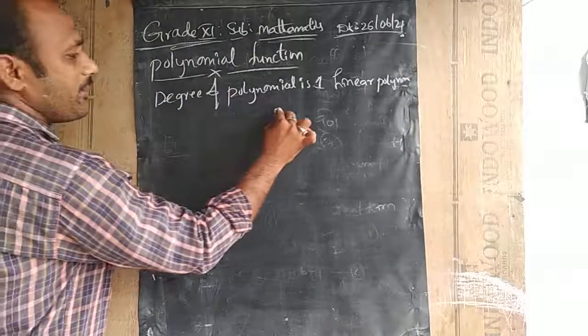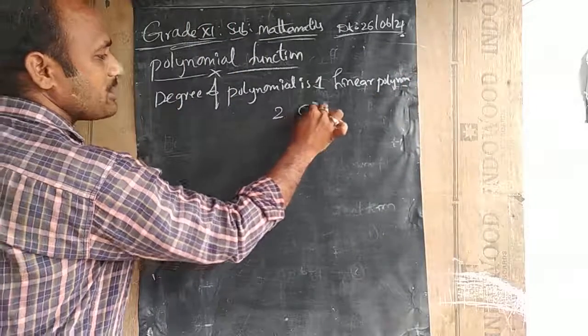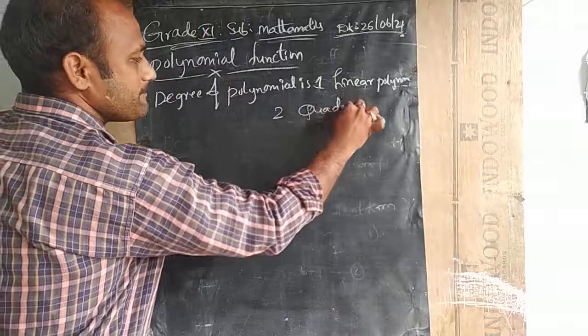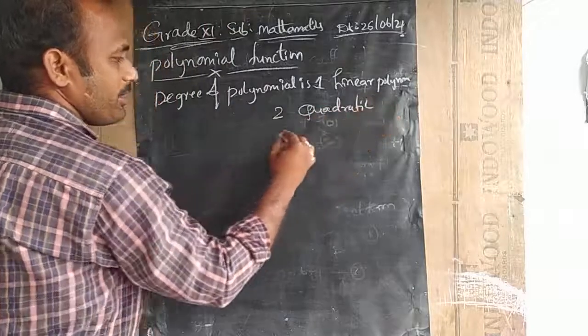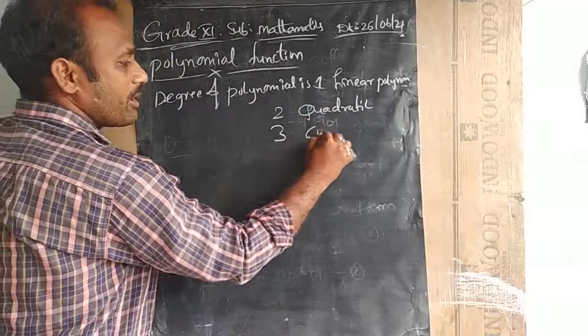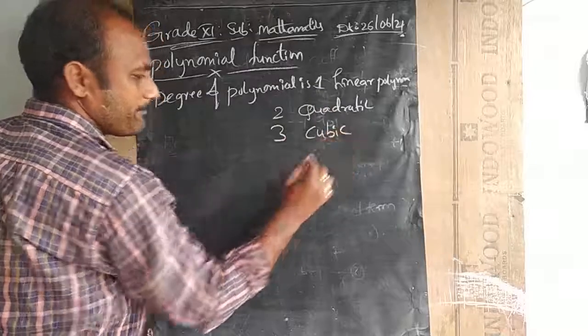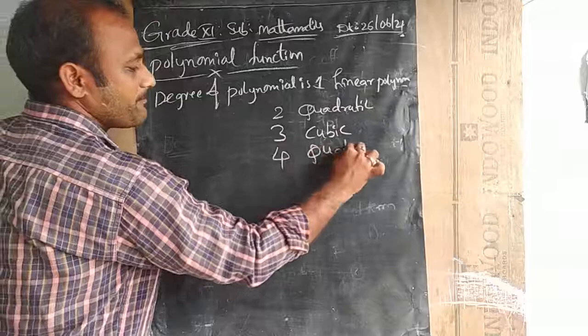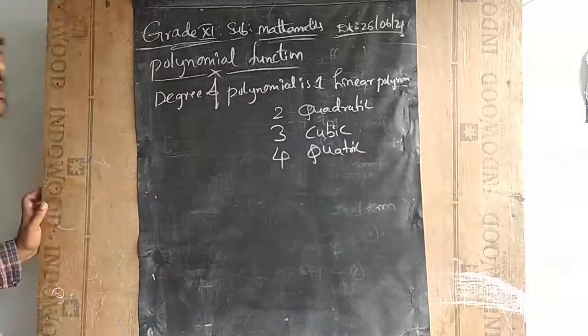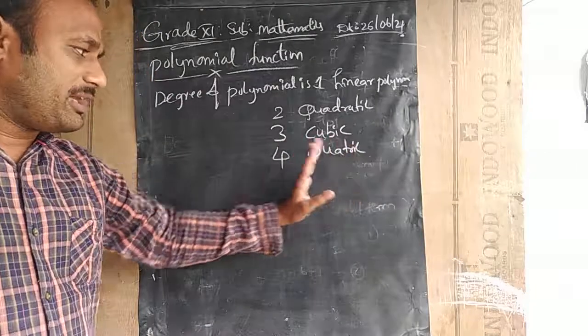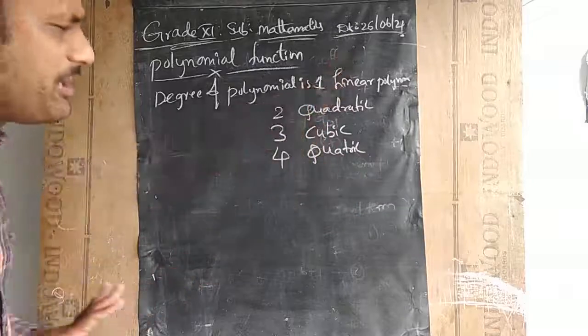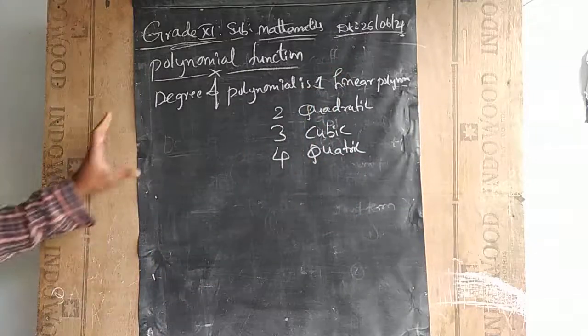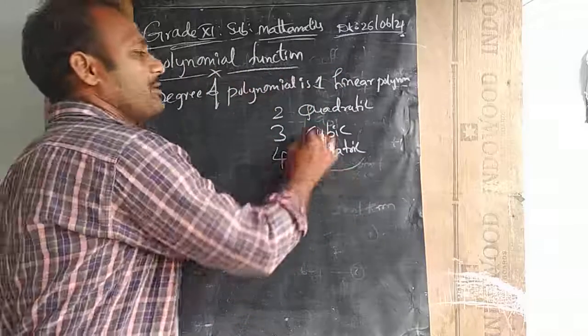If the degree of the polynomial is 2, we will call it a quadratic polynomial. If the degree is 3, we will call it a cubic polynomial. And if the degree is 4, we call it a quartic polynomial. Degree 5 is a 5th degree polynomial, degree 6 is a 6th degree polynomial, like that we can define it. So these are the special types of polynomials.